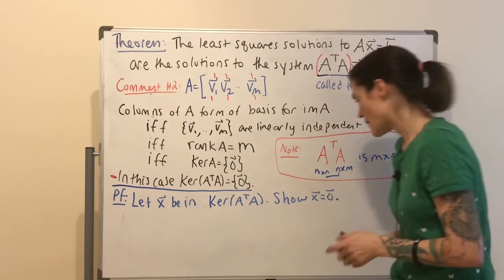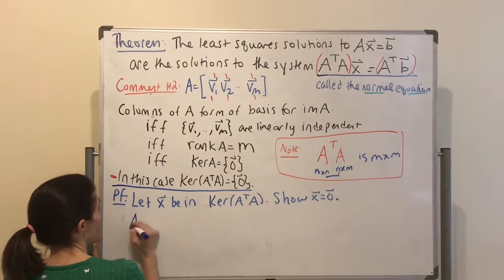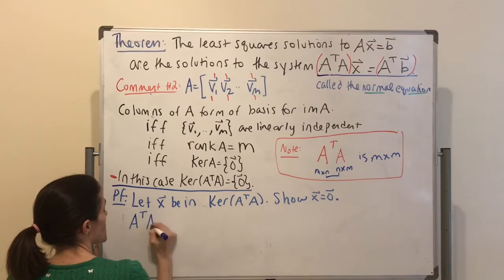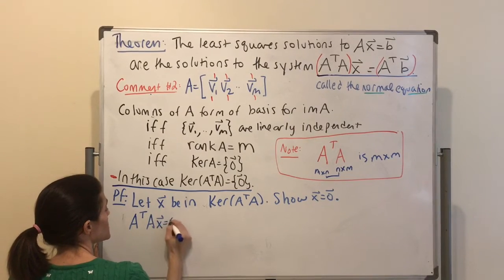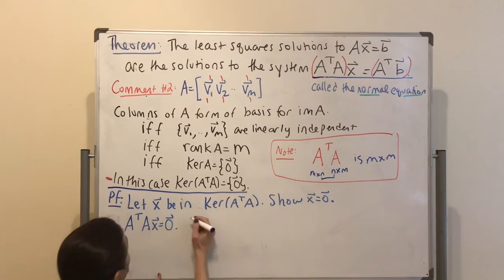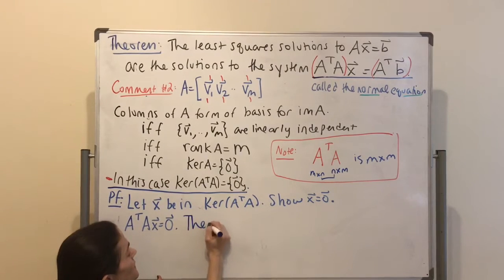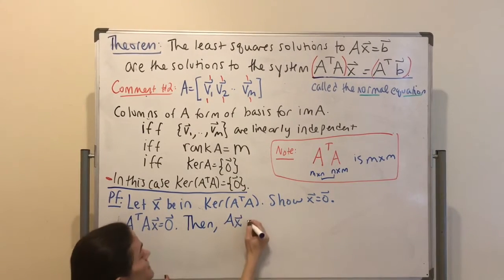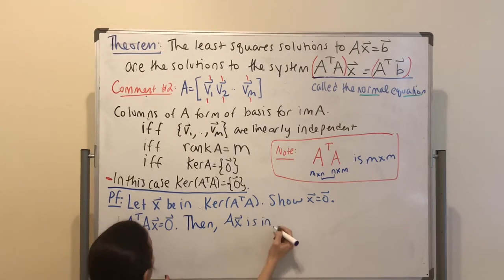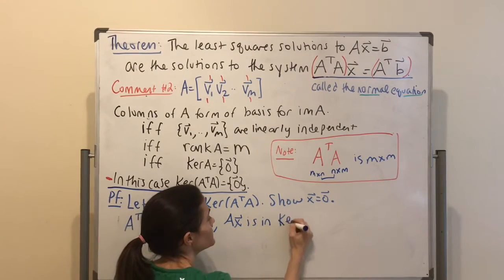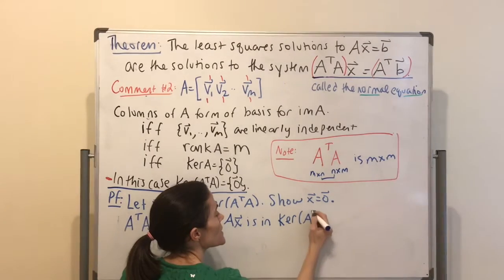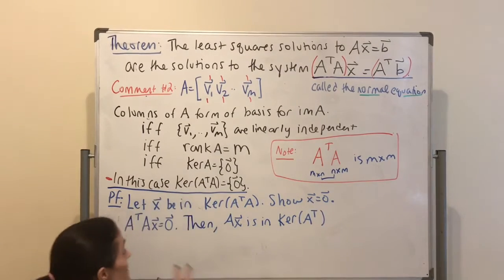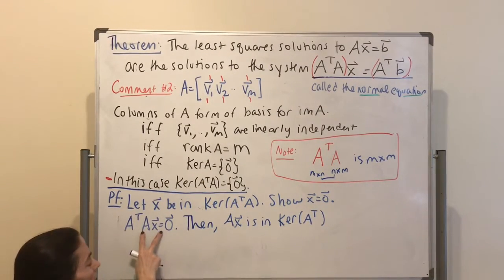Now back to the proof. We have A transpose AX equals 0. This says that AX is in the kernel of A transpose, because A transpose times AX is 0.